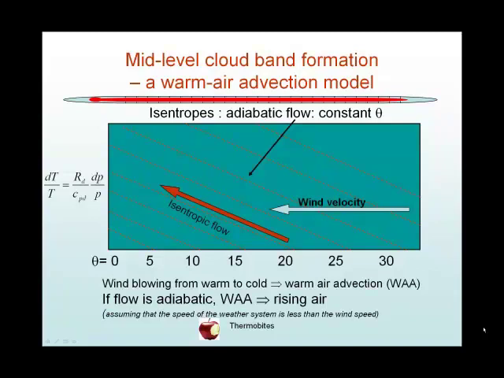And so if we have warm air advection and parcels are moving from warm to cool, it must mean that their pressure is decreasing over time. That is, they're ascending. And so isentropes typically slope from warm air to cool air. So if the flow is adiabatic, warm air advection implies that air is rising and cloud bands are going to form.